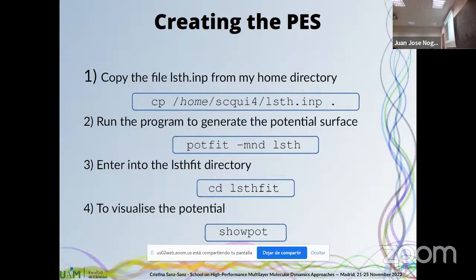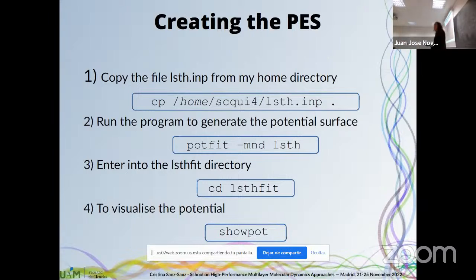When you run this program, it's basically an analysis program or a way to show the potential, as the name says, show pot.